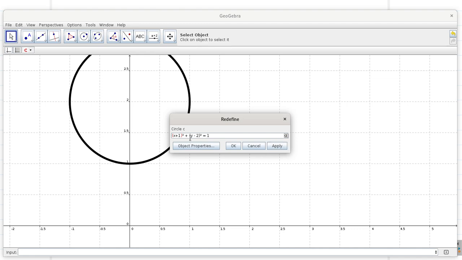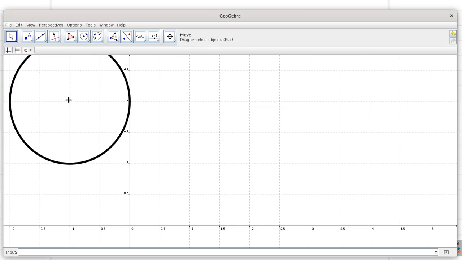Alright, so the center will be above negative 1 and beside 2, so I expect the center to move out here. Okay, and you see it.